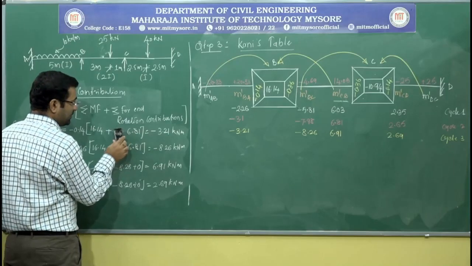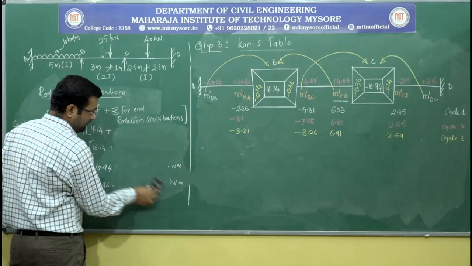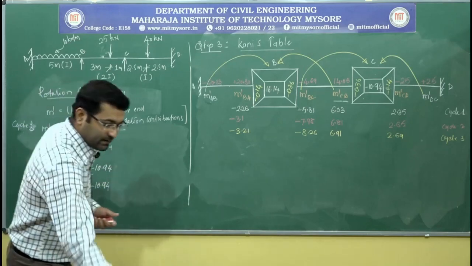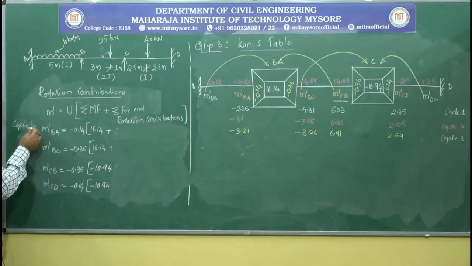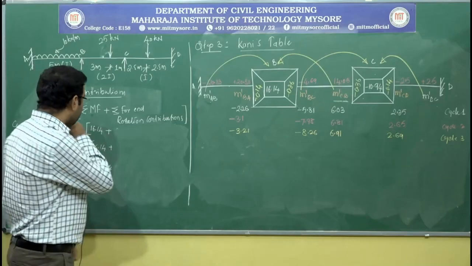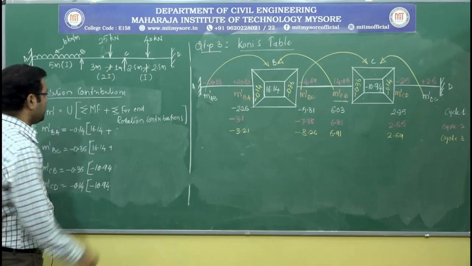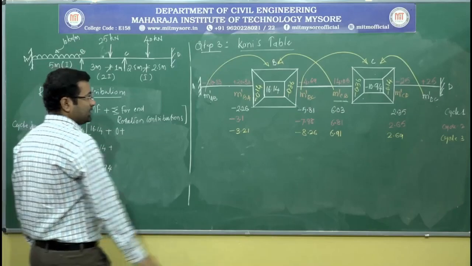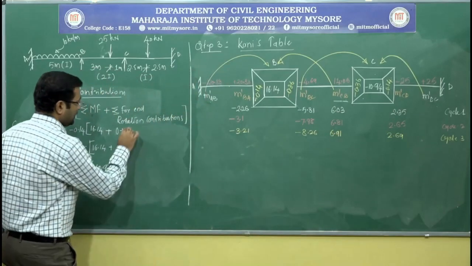So in the next iteration also, cycle number 4. In cycle number 4, the rotation factor is minus 1.4 into 1.6. So this will be the 0 plus this value, that is M dash CB, it is 6.91.